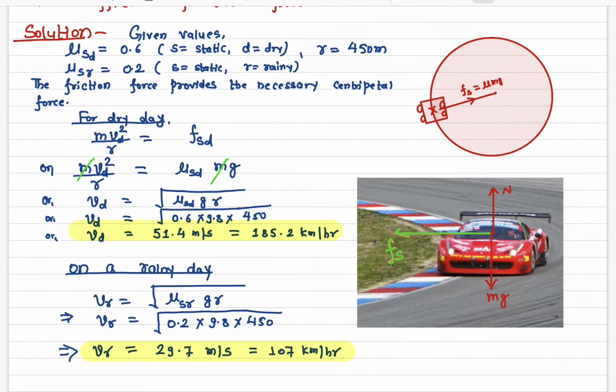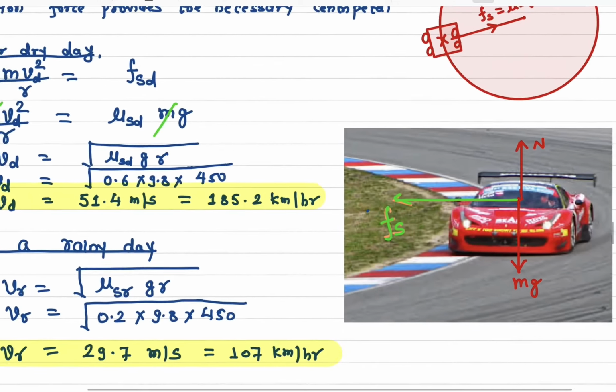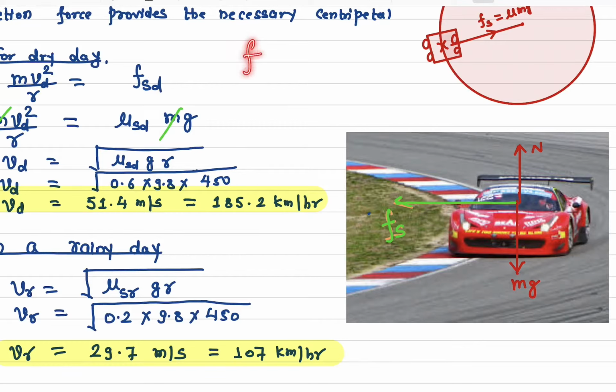And as I mentioned, the friction force provides the necessary centripetal force. This is the frictional force. And how do we find the friction force? We know that the friction force is mu times N, and N is the normal force. So we need to find first the normal force.